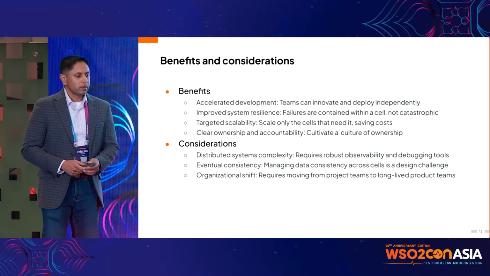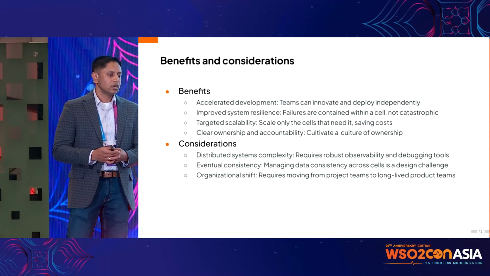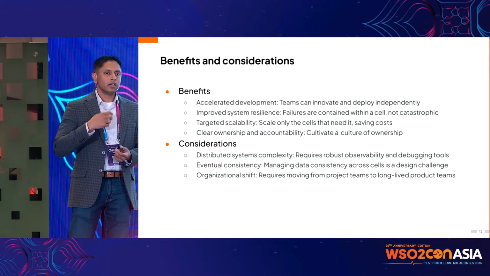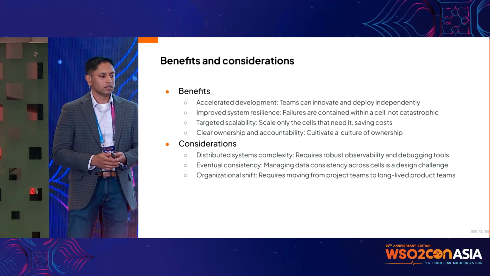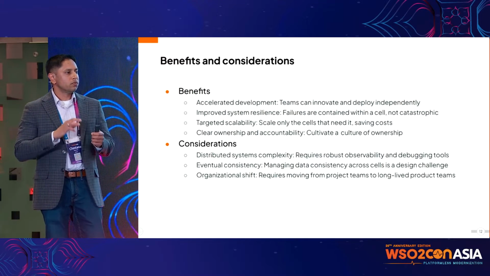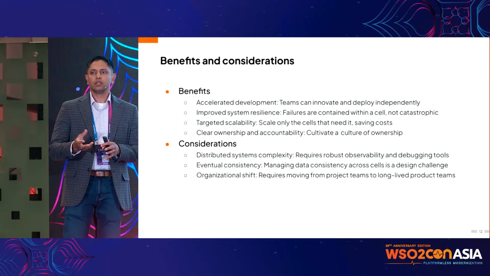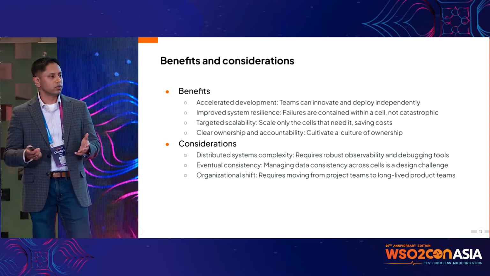So there are some benefits, of course, to having cells. One thing is this accelerates development, so teams can deploy changes independently of other systems. And the failure paths are now isolated within a cell. It's not like a monolithic program where you get a bug and the entire system goes down.